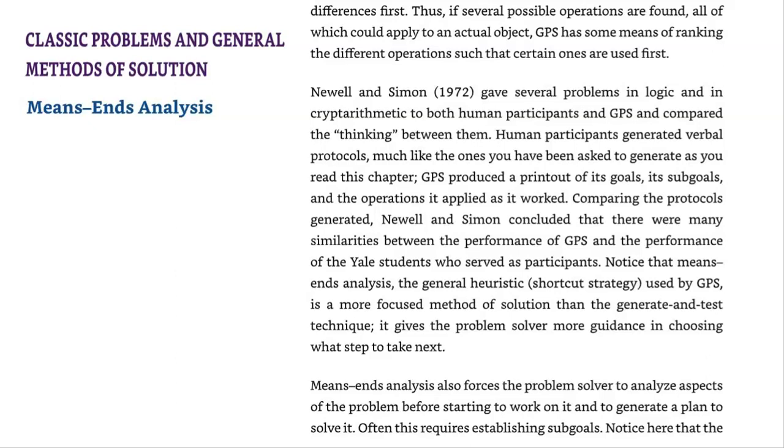Means-end analysis also forces the problem solver to analyze aspects of the problem before starting to work on it and generate a plan to solve it. Now, we can't really see this with something as refined as ChatGPT, but that is among the things that undergird that sort of endeavor.